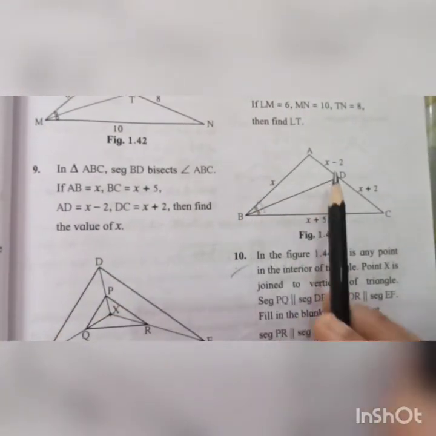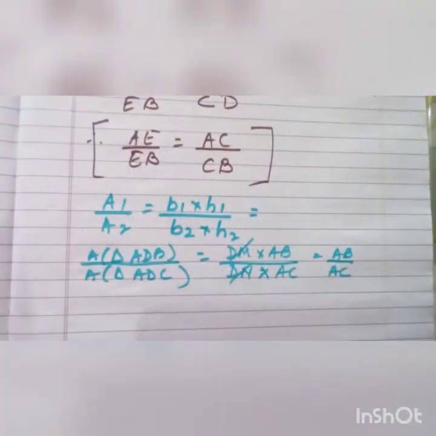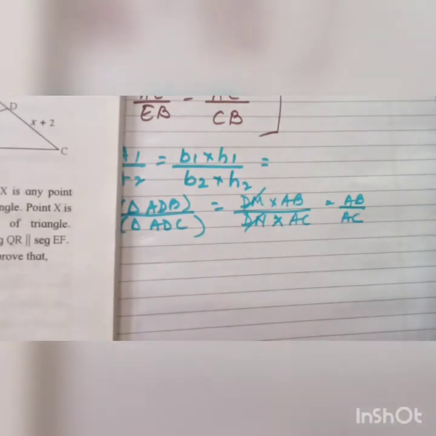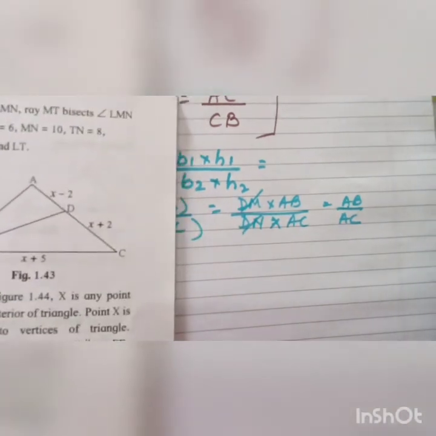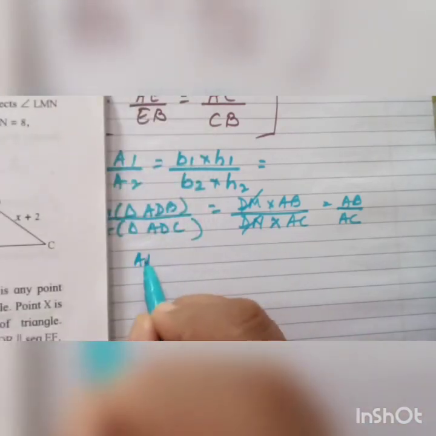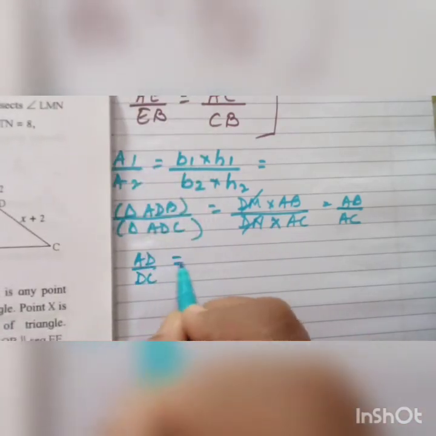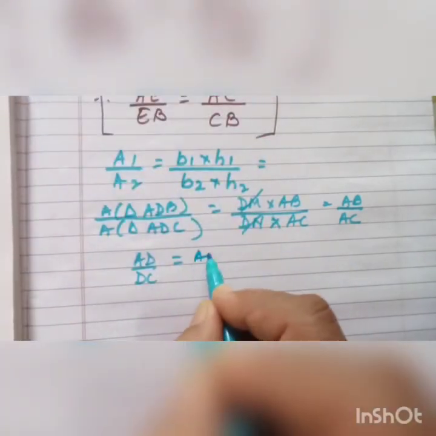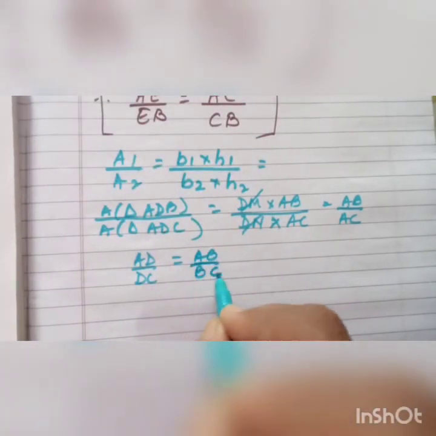Similarly, see question number 9. Angle B. Now angle B, what is opposite to angle B? Opposite to angle B, which is the side AD upon DC. Let's write AD upon DC is equal to AB upon BC. Now what is AD upon DC?